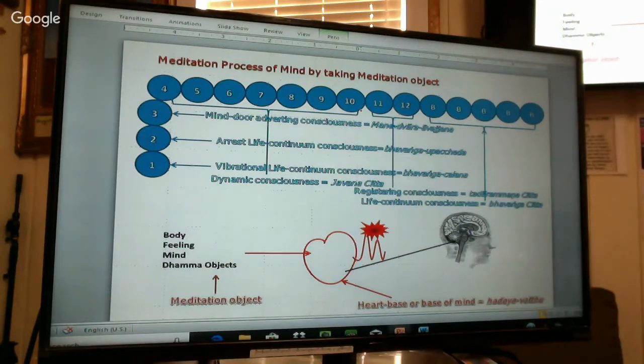When you practice meditation, this meditation process also goes again and again like this. Maybe you focus on your body, the earth element, or water element, or wind element, or fire element, or whatever. Same.